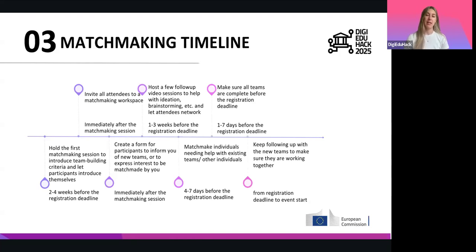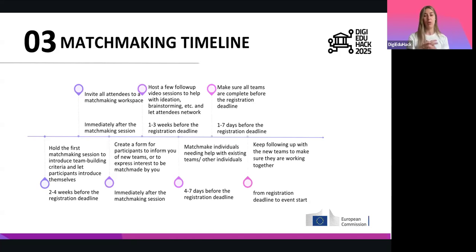And then, as said, you can also, in the same way as when you invite the teams to the matchmaking space, create a form for participants to inform you of new teams that are formed, or their interest to be matchmade by you.